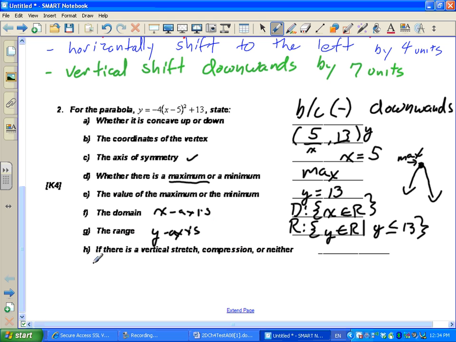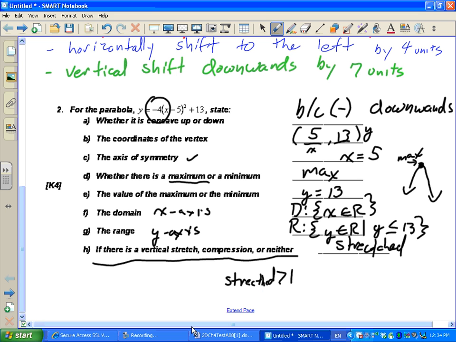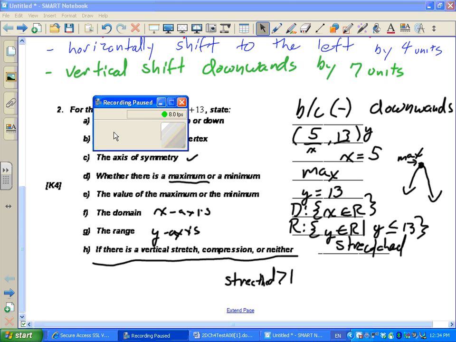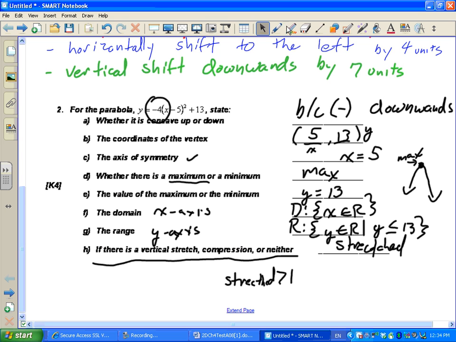And finally, is it a vertical stretch, compression, or neither? We're talking about a. That means it's stretched. If it is greater than 1, it is stretched. So it is stretched. So, if our normal function looks like this, this would be called compressed, wider.